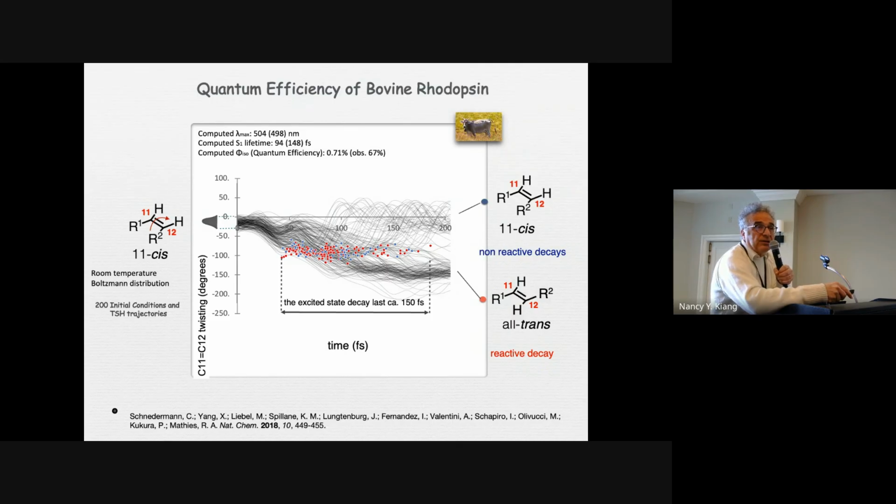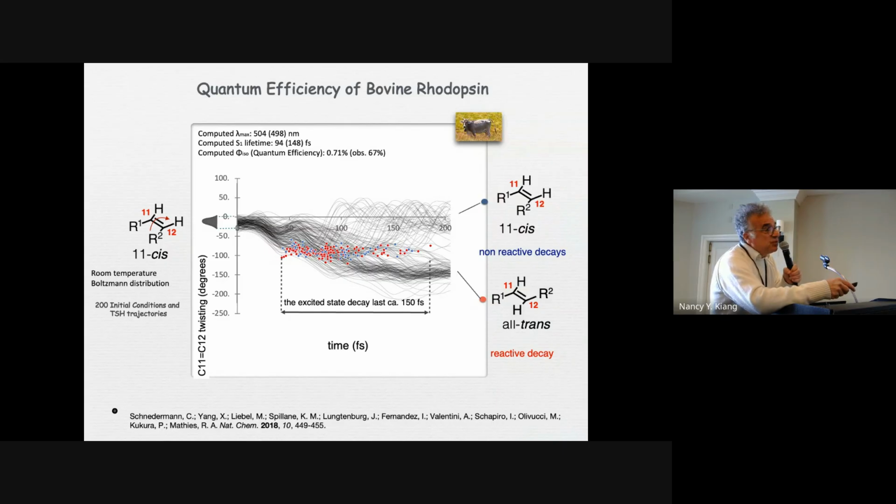Red circles mean the trajectories that are successful, trajectories that reach the product. Blue circles are trajectories that do not reach the product, that go back to the original configuration. So you have a number of products, in this case trans, and a number of failed photoisomerization trajectories. That's why you can now compute the quantum efficiency, and the computed quantum efficiency in this case is 71%.